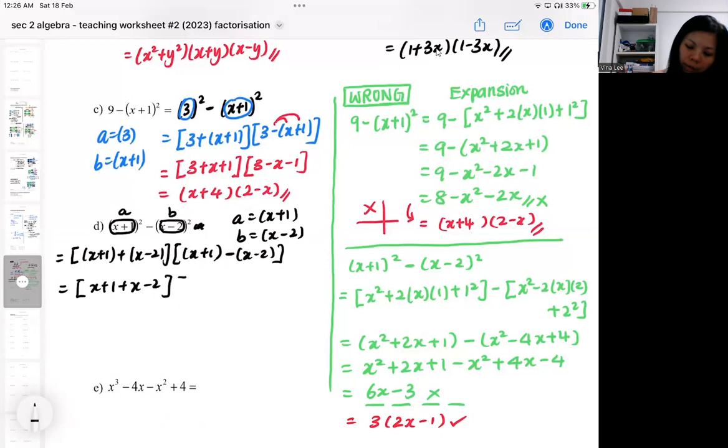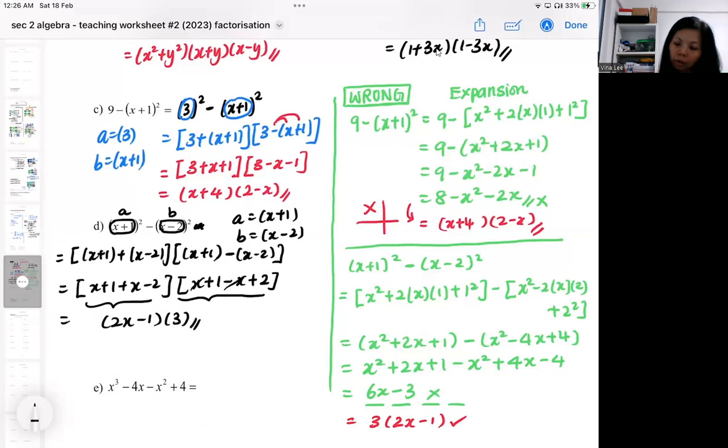You look at each bracket. For the first bracket, you already get 2x minus 1. For the second bracket, the x is cancelled out and you get a 3, which is exactly the same answer if you had gone for the expansion, then taken out the common factor.